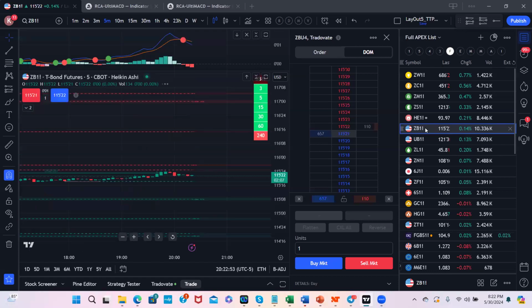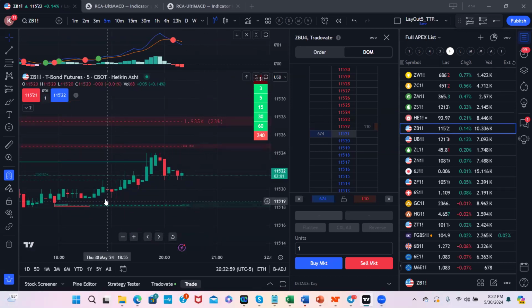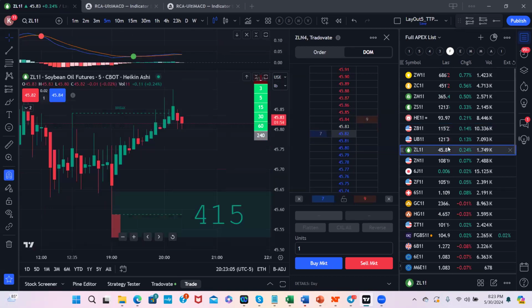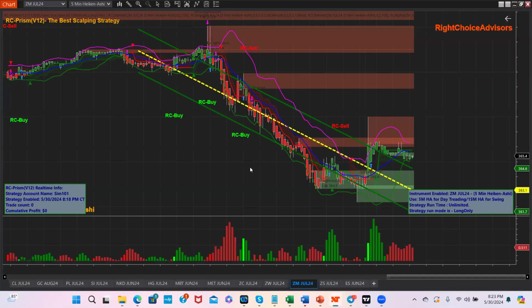ZB is looking good for long. That means there is a high chance for them to go up. If there is a buy signal, they will go well. ZL soybean oil futures is looking good. So just look at the trend, and based on that, you enable long only or short only on those tickers.